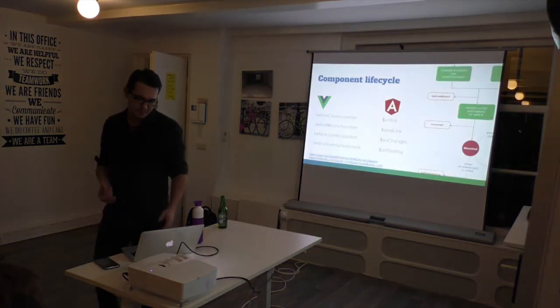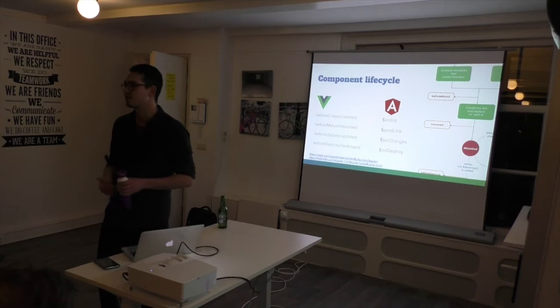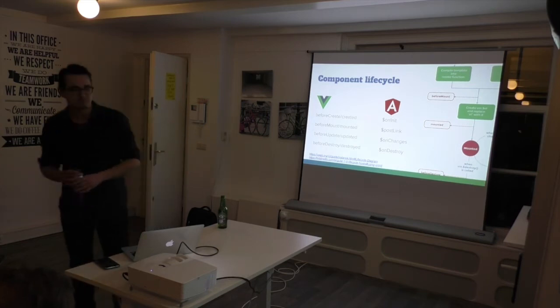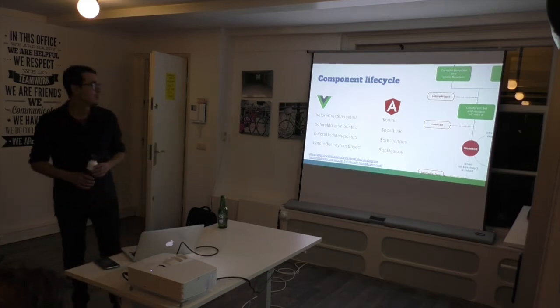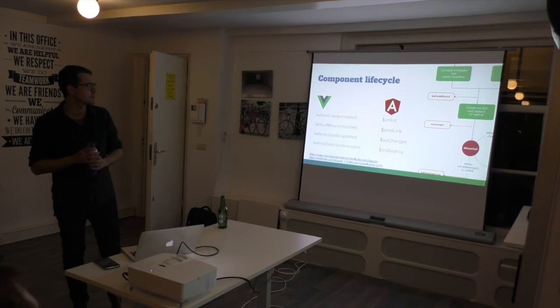Just for a comparison, these are the lifecycle methods which are present for the components. Here I chose for comparison the Angular 1.x version. I think they added it in 1.6 or 1.7.